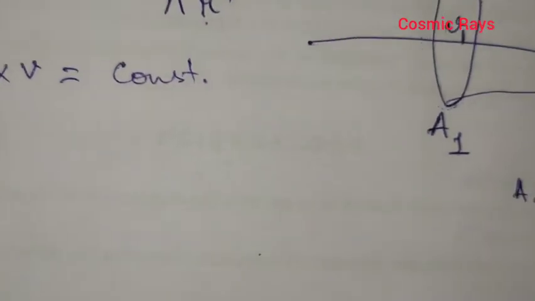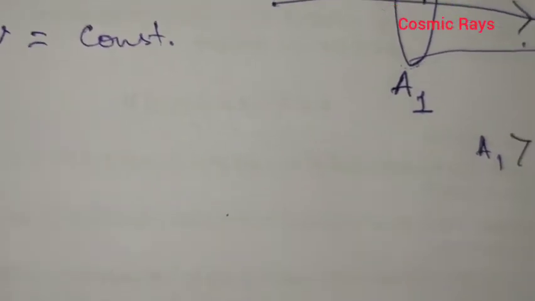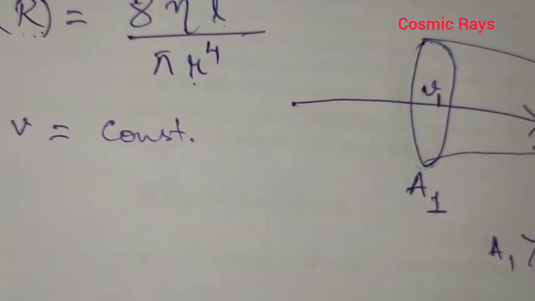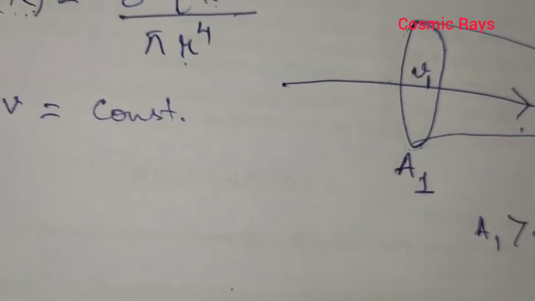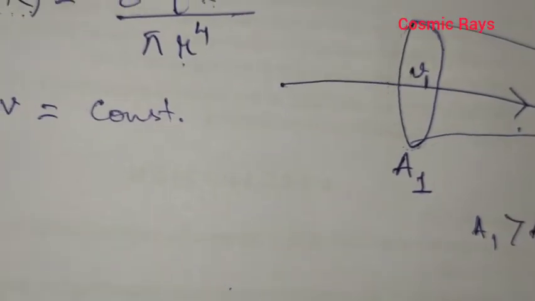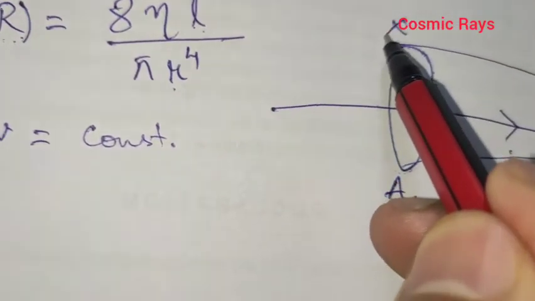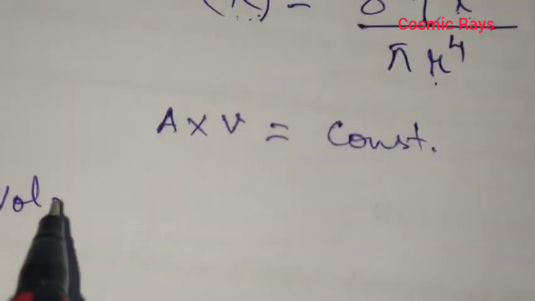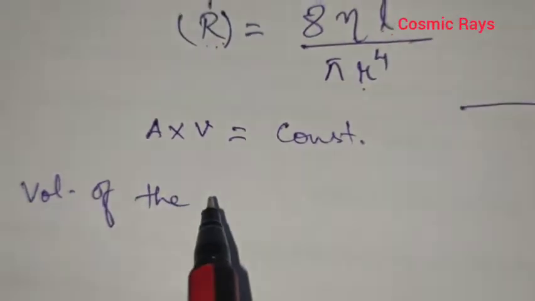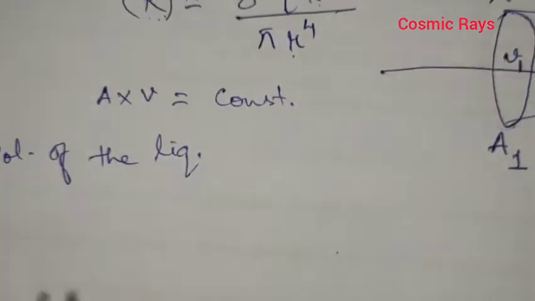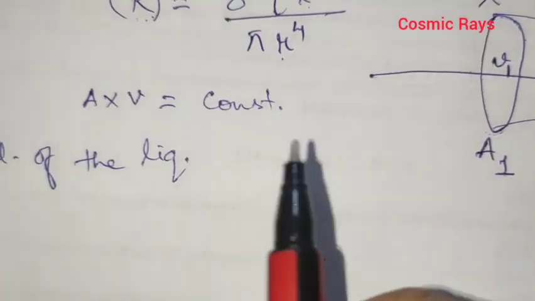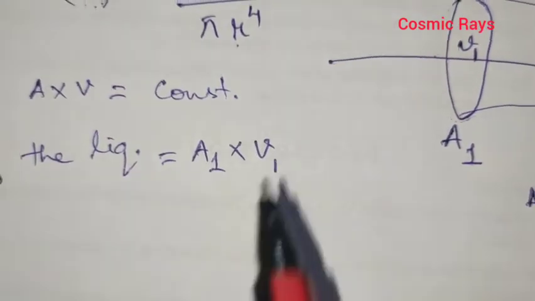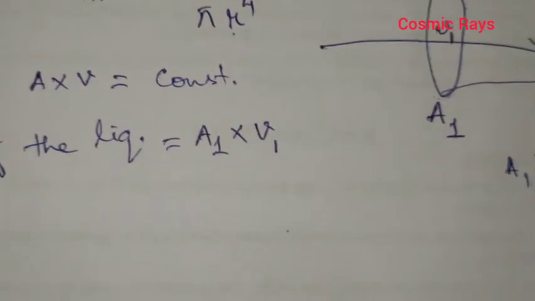How can we prove it? Let's assume that rho is the density of the liquid flowing inside. If I have to find the volume of liquid entering in 1 second at, let's say, end x, and this is y, the volume of the liquid entering at x will be area multiplied by velocity, that is a1 into v1.